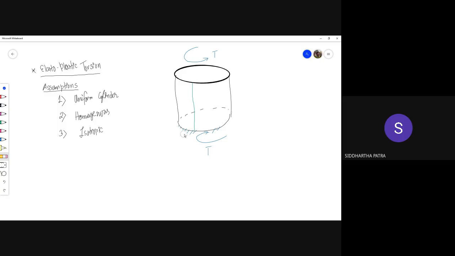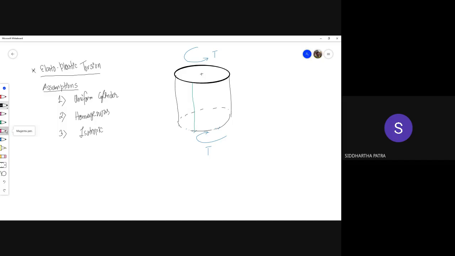So let us draw the free body diagram. So I'm getting rid of the support. So imagine this is the center of it.